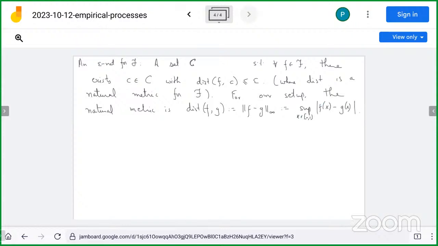Okay, so suppose that we had some net. Usually, as a notation, the size of the smallest such net is denoted by the covering number.